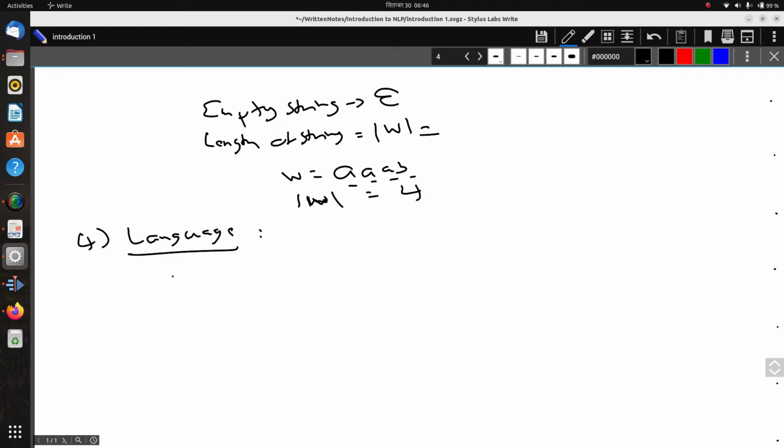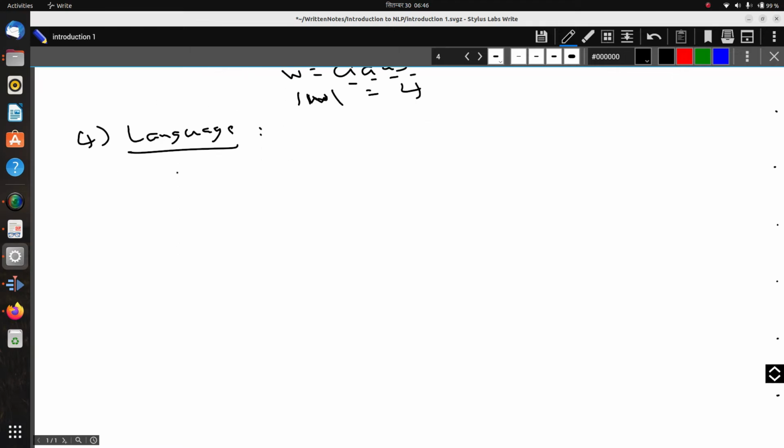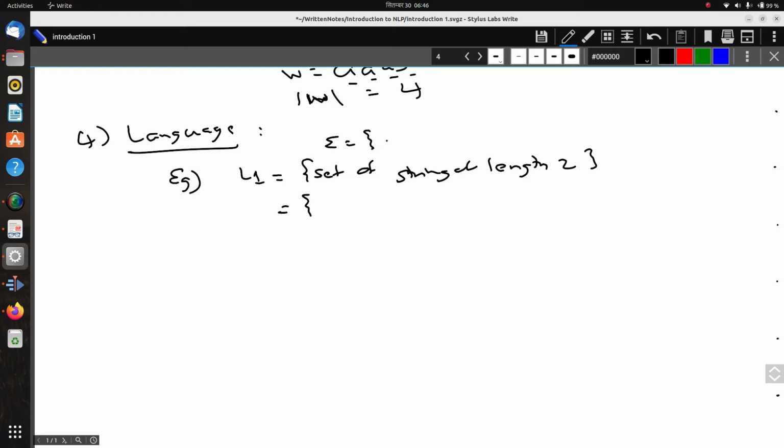So for example, if I say language 1 is the set of strings of length 2, and my alphabet set is A and B, these can be AA, AB, BA and BB. We cannot make any more strings of length 2 here. So this is also called a finite language.